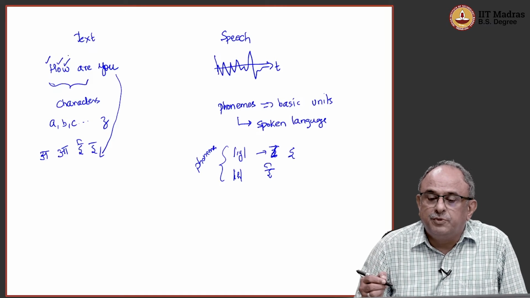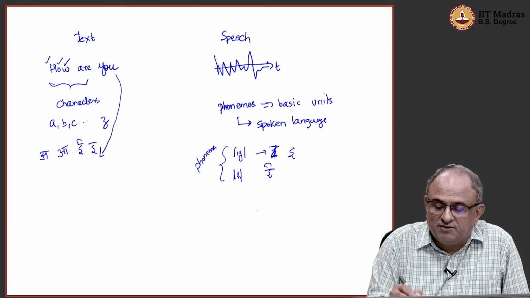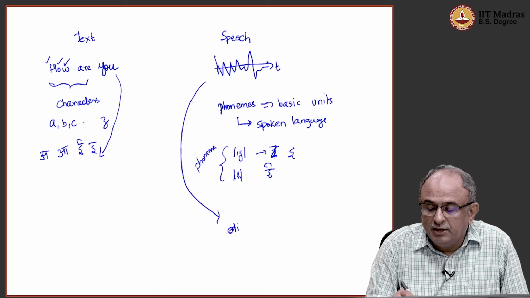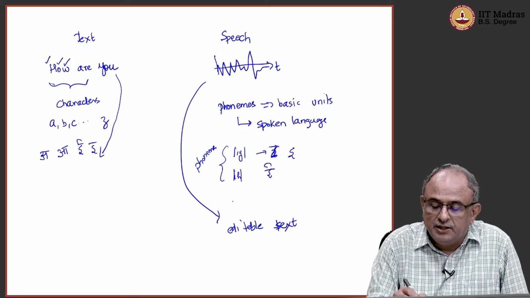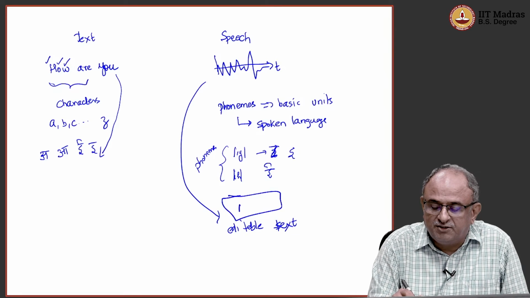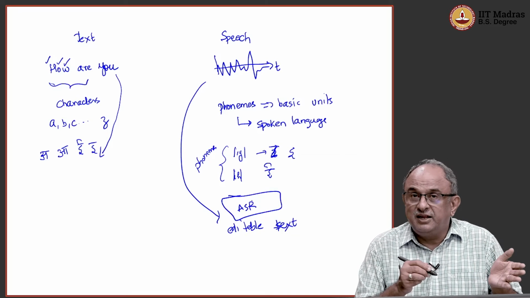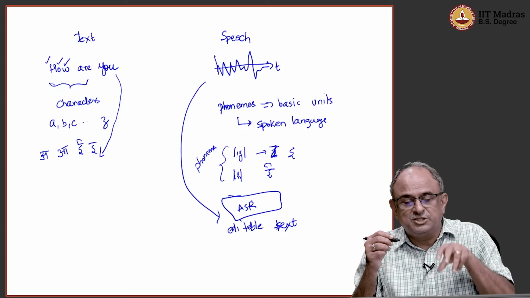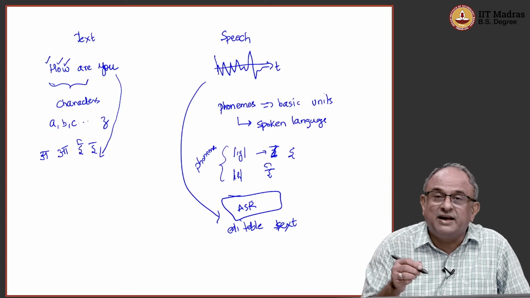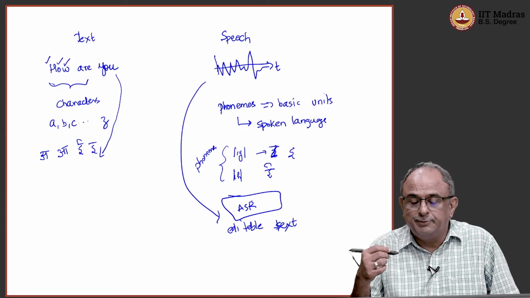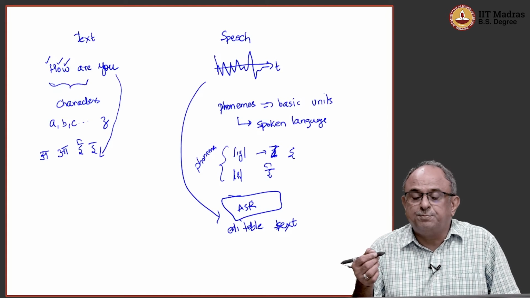Here, given the speech signal, I am going to convert it to an editable text by using the system that I talked about last class, which is the ASR, or the automatic speech recognition system. It is not that easy. In text handwriting also, you have to do image processing and then convert to editable text. Here also I am given some audio signal, I have to convert it to editable text, that is called automatic speech recognition.